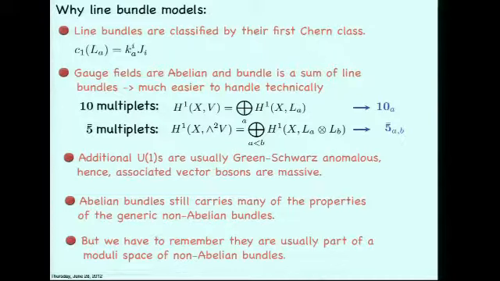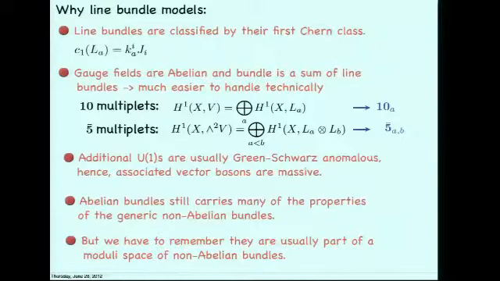You might be worried about these extra U(1)s, but that's exactly where this difference comes in. These U(1)s will normally be Green-Schwarz anomalous, and the vector bosons are very massive, so they're removed. You don't have to worry about them, but the symmetries survive, and they will give you interesting constraints on the 4D theory. Now we will normally be with these abelian bundles at a particular locus in bundle moduli space, which sits in a bigger moduli space, most of which corresponds to non-abelian bundles.